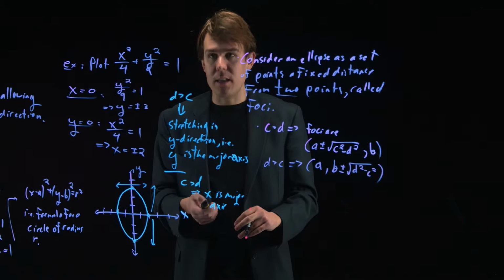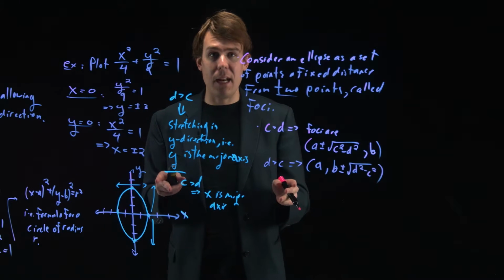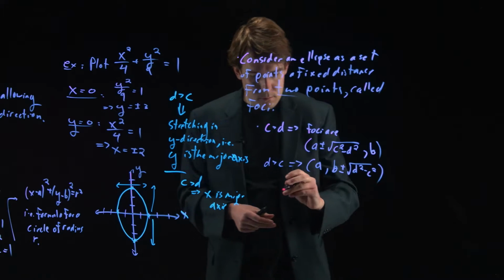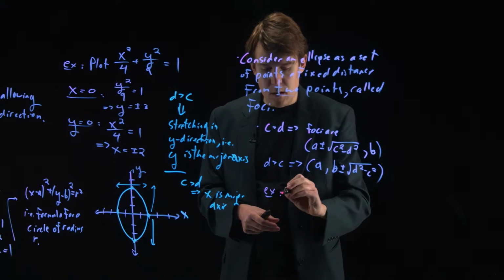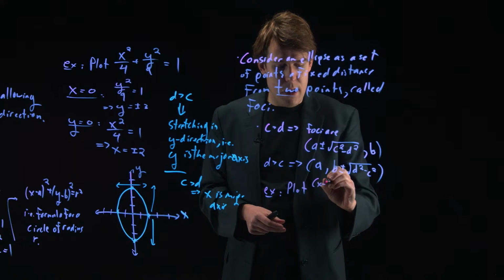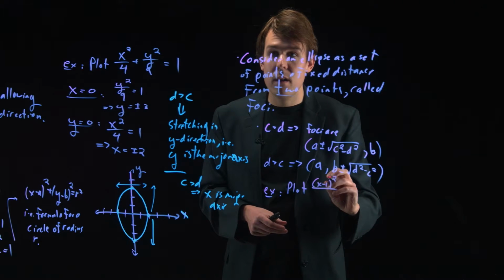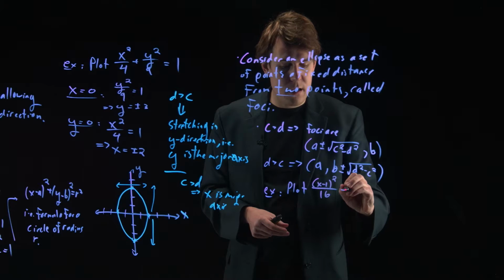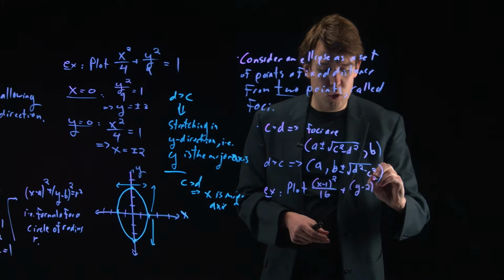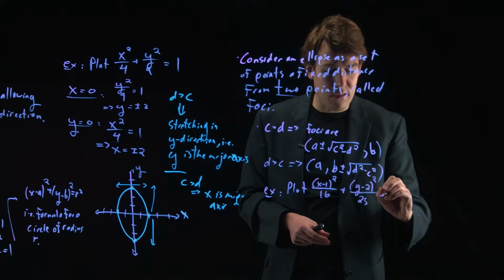So let's use this in an example. I want to look at a more complicated ellipse, plot it, and also plot the foci. So let's plot (x minus 1) squared divided by 16 plus (y minus 2) squared divided by 25 equals 1.